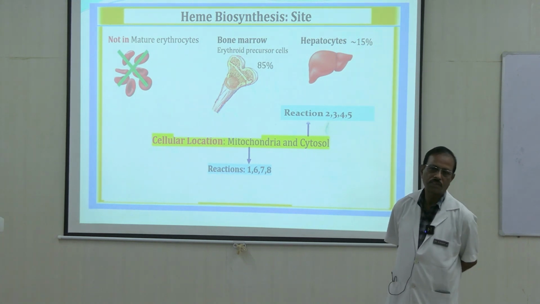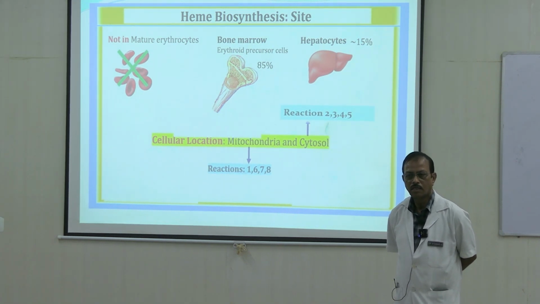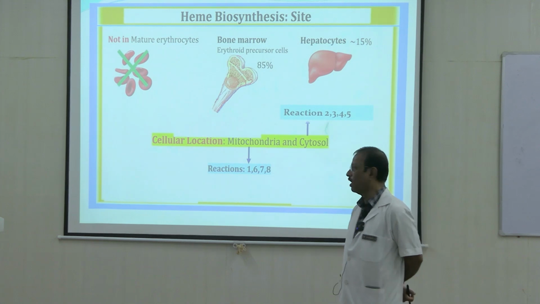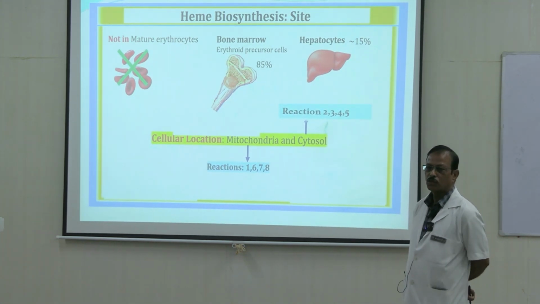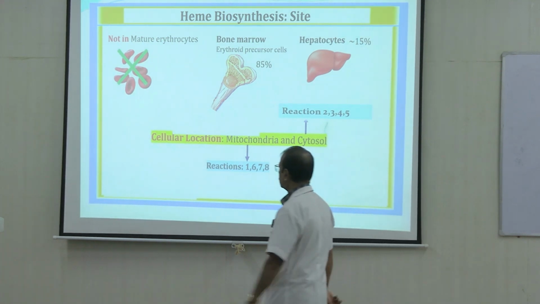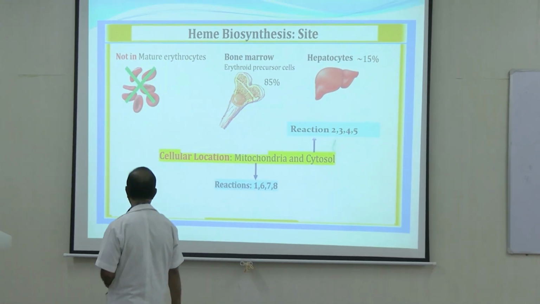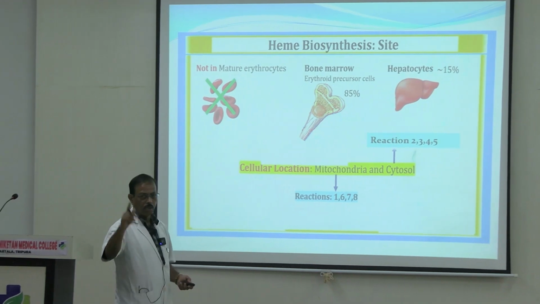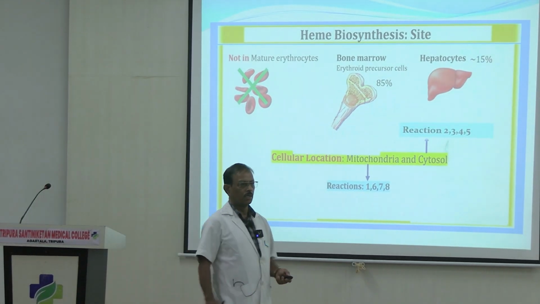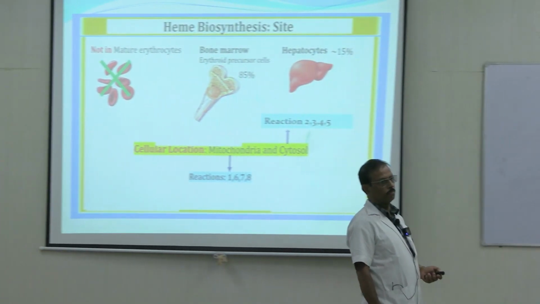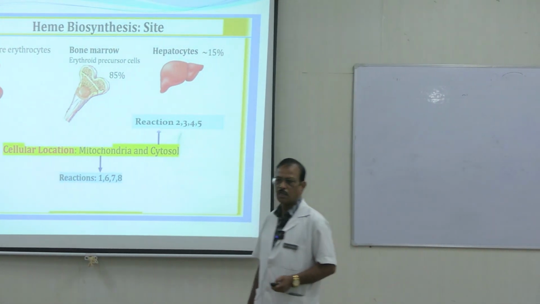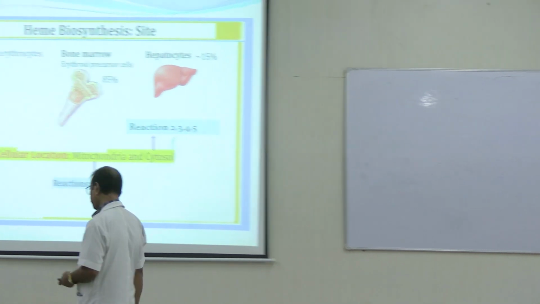Please tell why. Yes, because of the absence of mitochondria. So that's why it cannot synthesize. Very important: explain why mature RBC cannot synthesize heme, though it contains heme as hemoglobin.